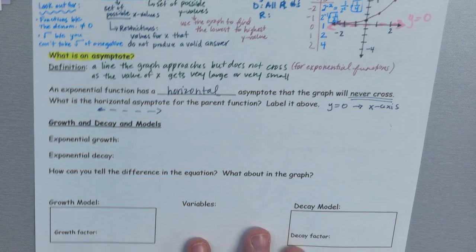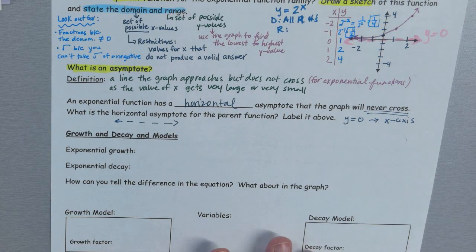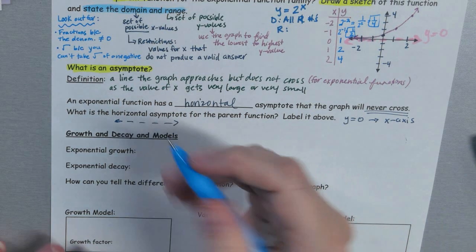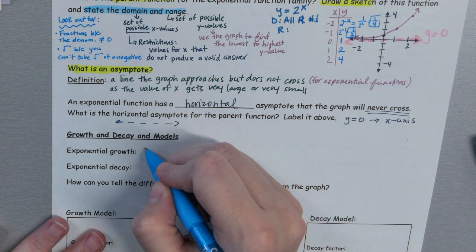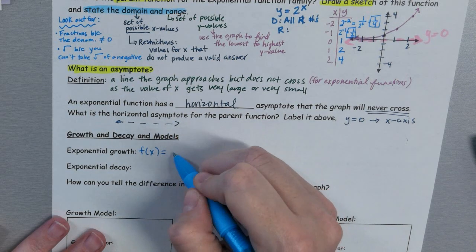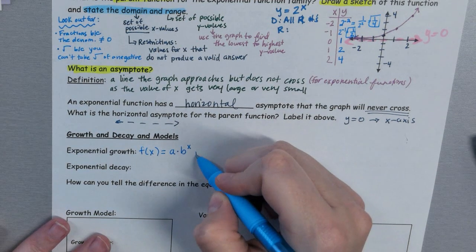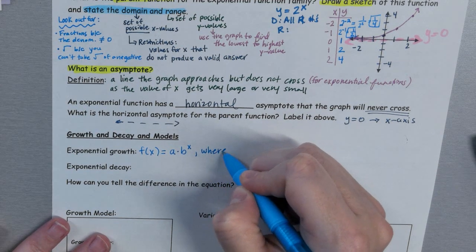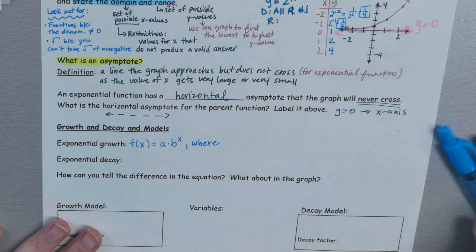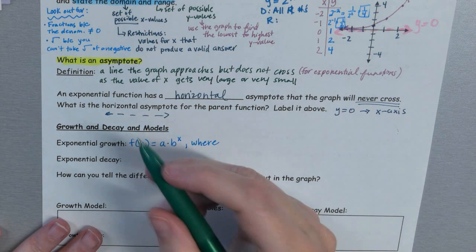Okay, and then we're going to talk about your growth and decay models. So with exponential growth, you can tell right from looking at the model if it is growth or decay. Because if it is exponential growth, it's going to have a special value for b. And we're gonna talk about both of these situations.